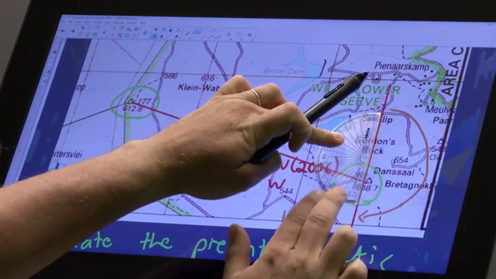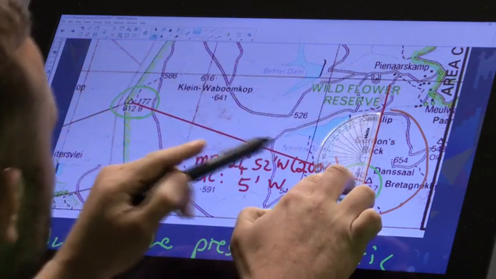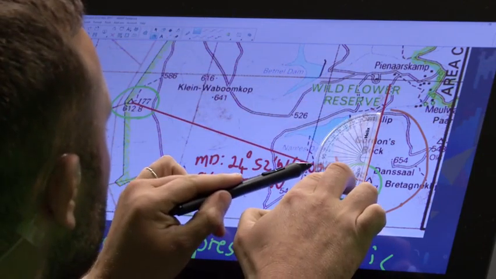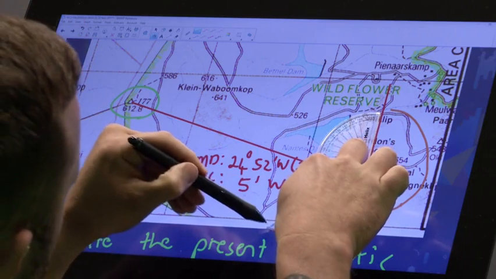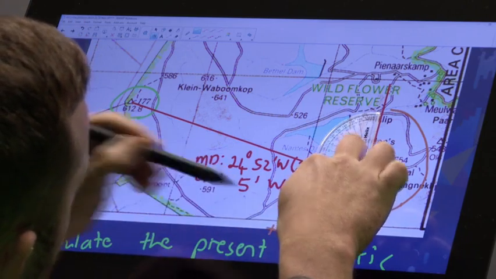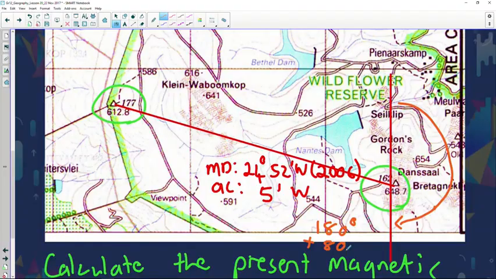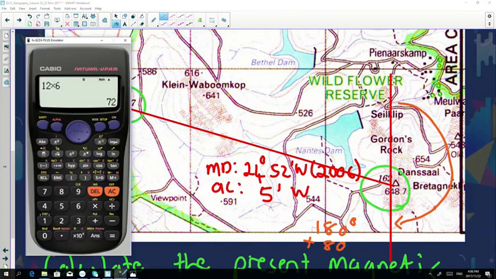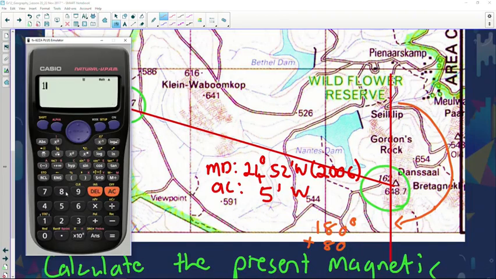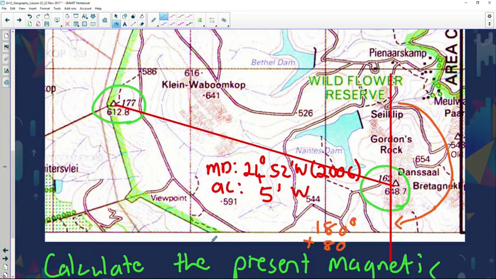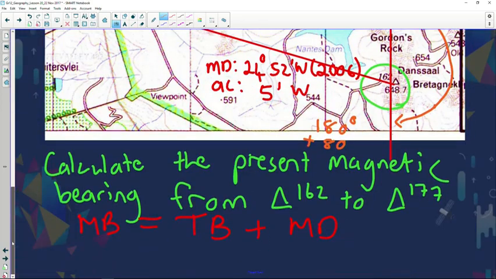As you can see, from 180, that looks like 80. So 180 plus 80 equals 260. So there's our true bearing we've just calculated.